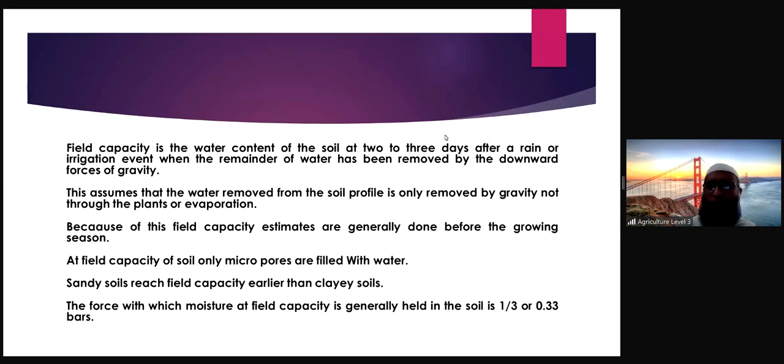So for determining field capacity, we'll be restricting all those methods of loss of water: evaporation, transpiration, runoff, and seepage. We'll be only allowing percolation, that is downward movement of water due to the force of gravity.